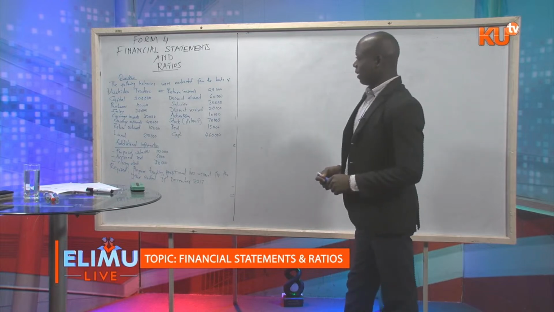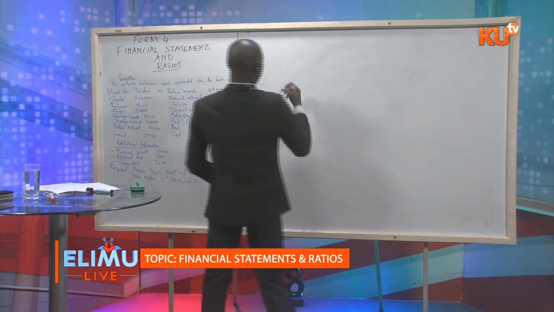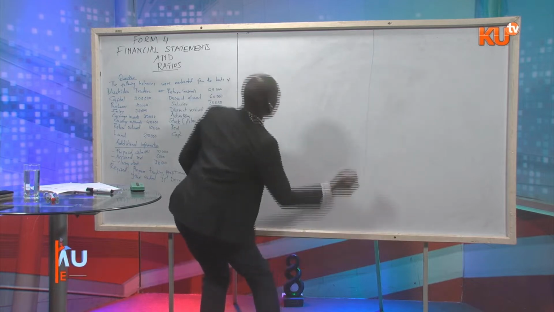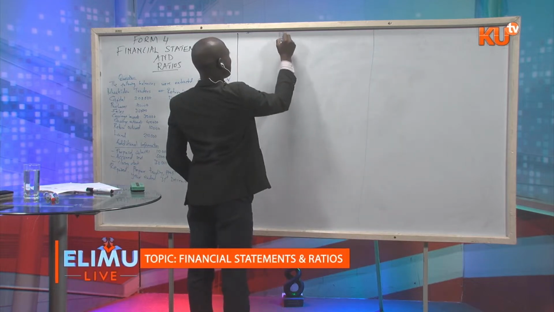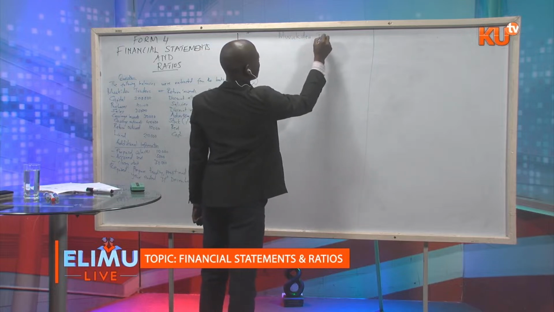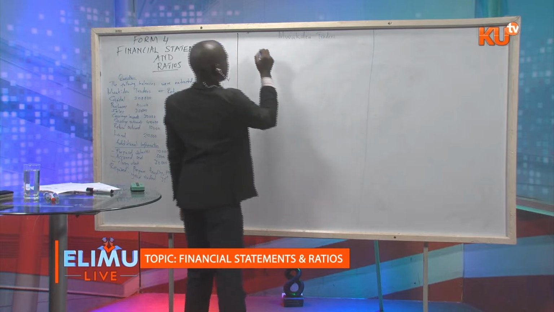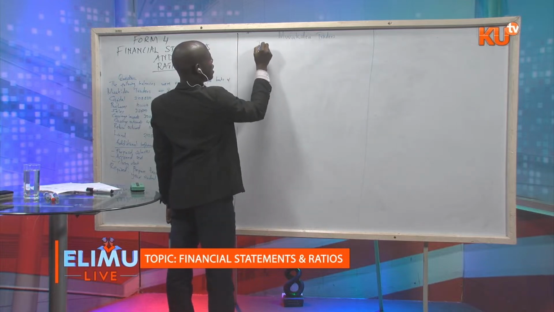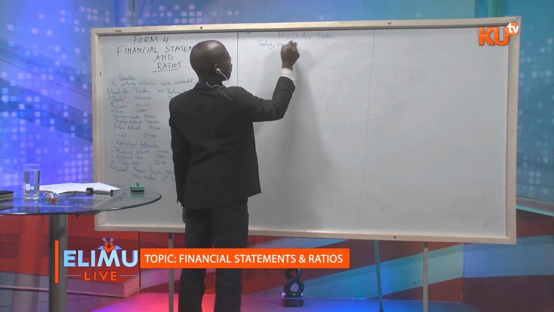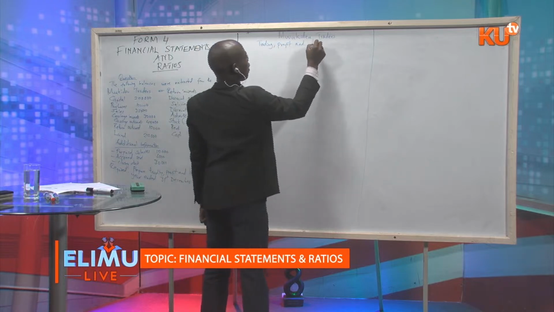We have Mwakideu traders, so we'll prepare our statement. We'll say Mwakideu traders, that is the name of the business. The name of the statement is trading profit and loss account.